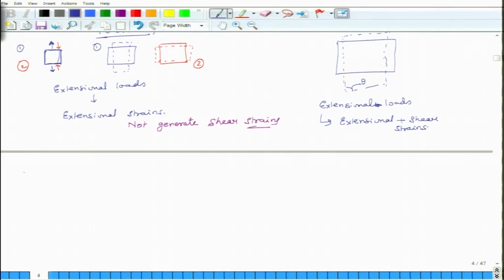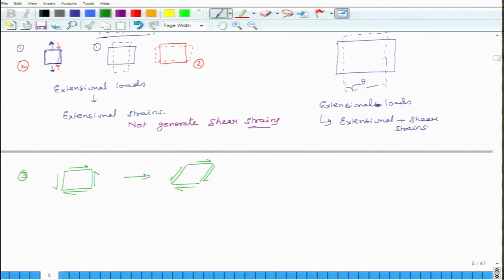Similarly, the third case will be that if you apply a shear stress to an isotropic material, then it will only exhibit shear strains. It will not become longer or shorter, only the angles will change.